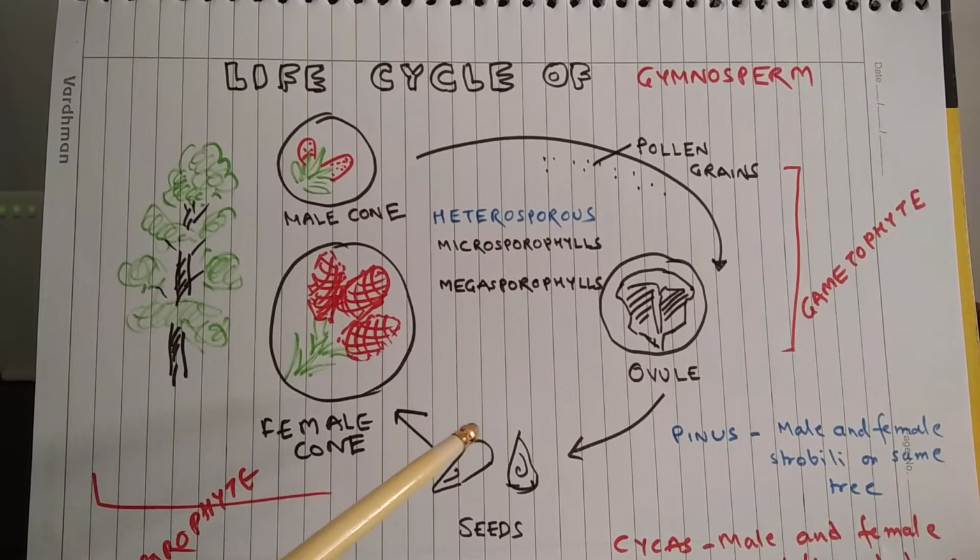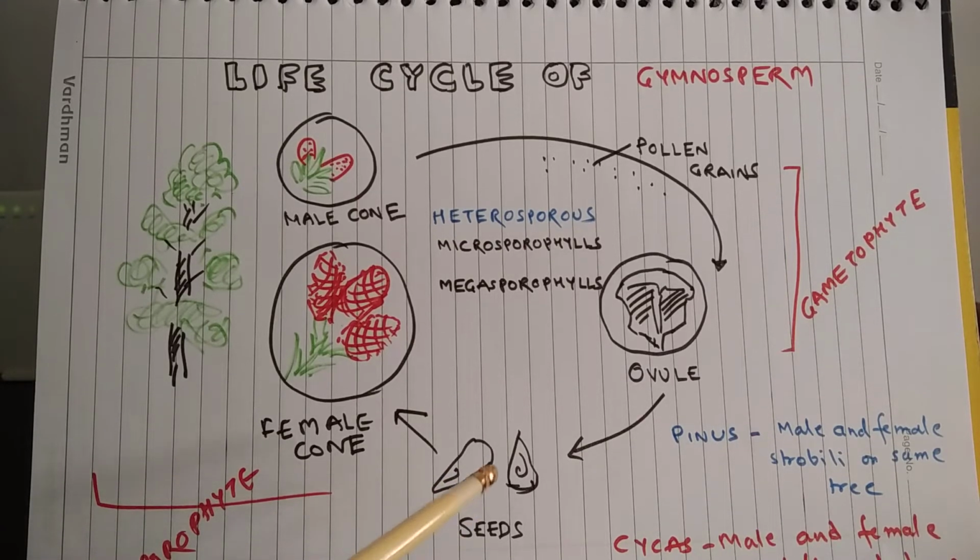It lives on sporophyte. If you can recall what you read for pteridophyte or bryophyte, in pteridophyte, the gametophyte was of smaller duration, but it was independent. In bryophyte, the sporophyte is not dominant, rather gametophyte is more dominant.